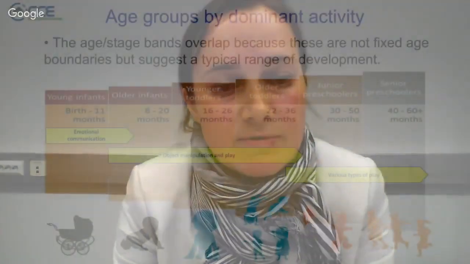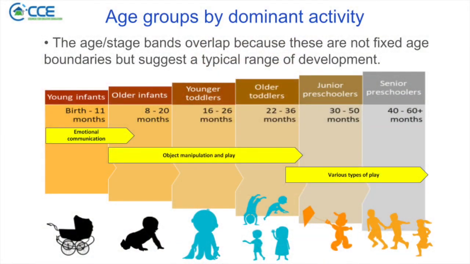So to describe each period, we can look at the dominant activity the child is engaged in. So of course, from birth to, let's say, about 15 months, it's very much about emotional communication and about building the connection with the environment through developing a positive relationship with the environment.